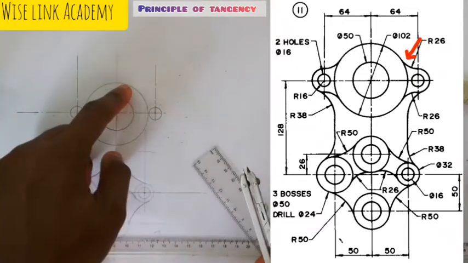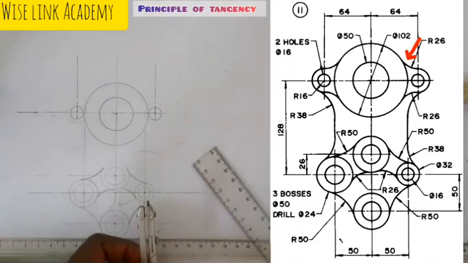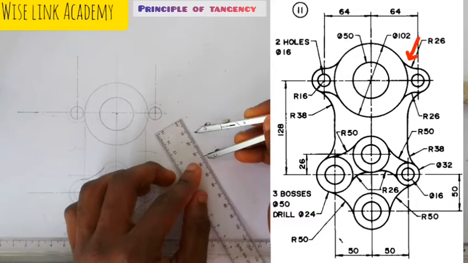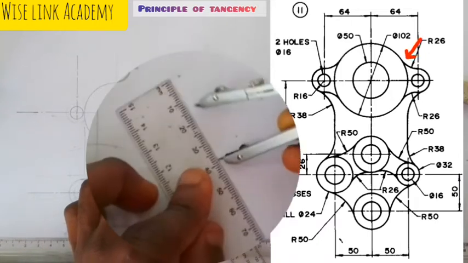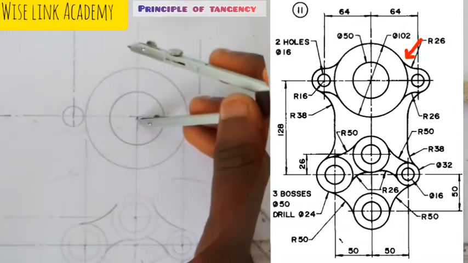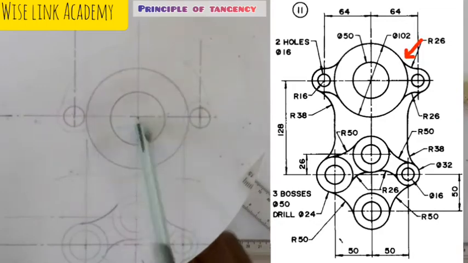So 20.5 plus 13, I will have 38.5. So measure 38.5 on meter rule, 38.5 to this point, right? Come to this point here, strike an arc, right, left.